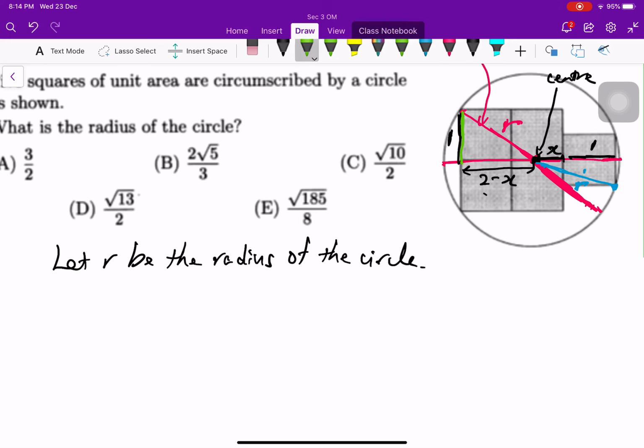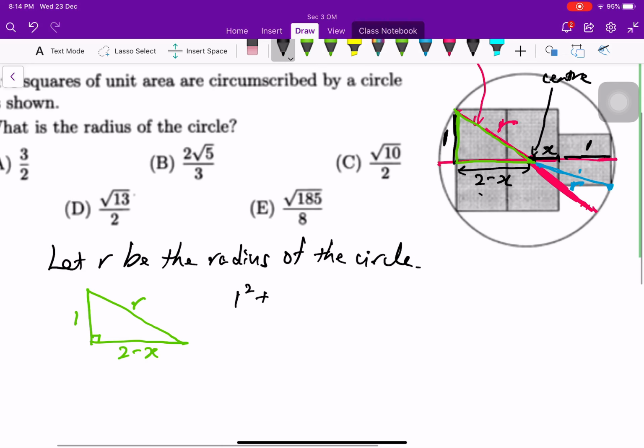This is the one that is easier to see. This will be 1, and this is 2 minus x, 90 degrees, and this is R. Therefore I can form my first equation: 1 squared plus (2 minus x) squared is equal to R squared, right?